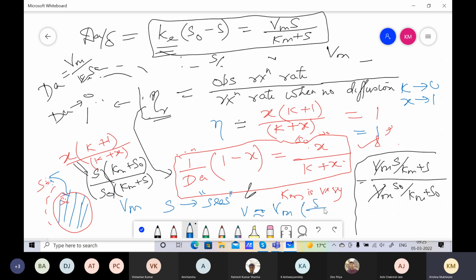Because remember, this is S upon Km plus S, and so S upon Km plus S is 1, whatever happens to S. So this is one way to make it 1. And the other way to make it 1 is to ensure that S0 and S are very small, because this is very high. Okay?